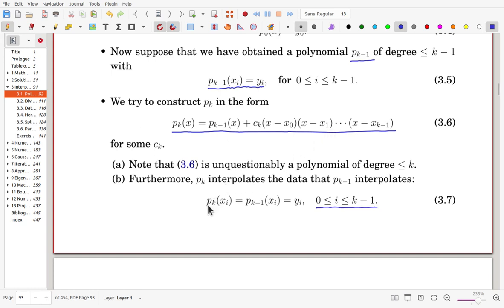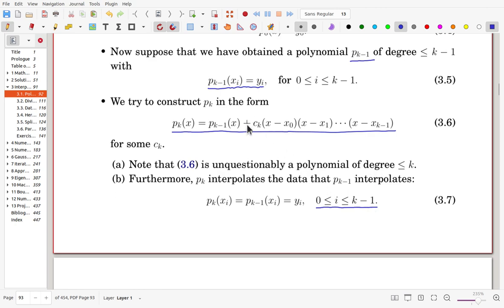So that pk at xi, i moving from 0 to k minus 1, is the same as pk minus 1 at xi, which is yi, right? So pk will pass the points xi, yi for i equal 0 to k minus 1.